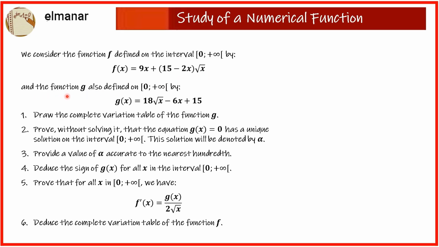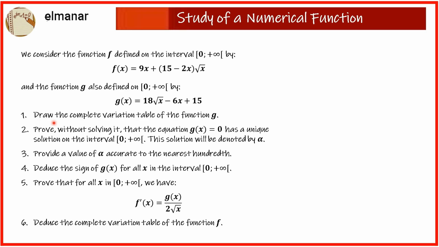And the function g, also defined on the interval from 0 to positive infinity, is g of x equals 18 times the square root of x minus 6 times x plus 15.